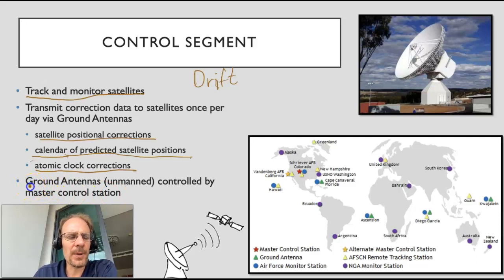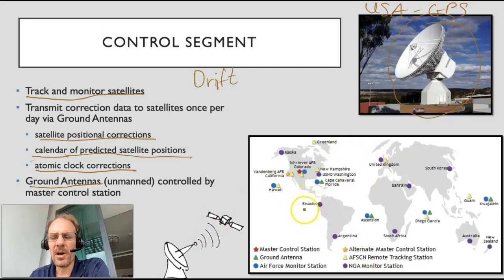The control segment is a bunch of what we call ground antenna. Here's an example of one right here. This is one in the USA. This controls the GPS system used. This is actually a picture or a map of the world with different control stations for helping control the GPS system, at different locations throughout the world.